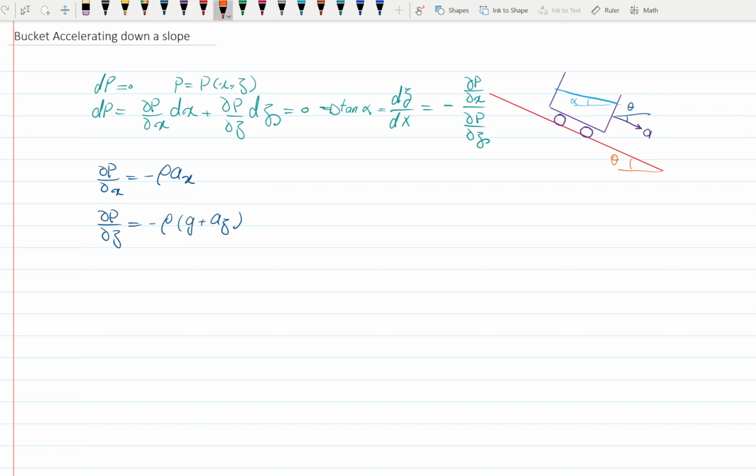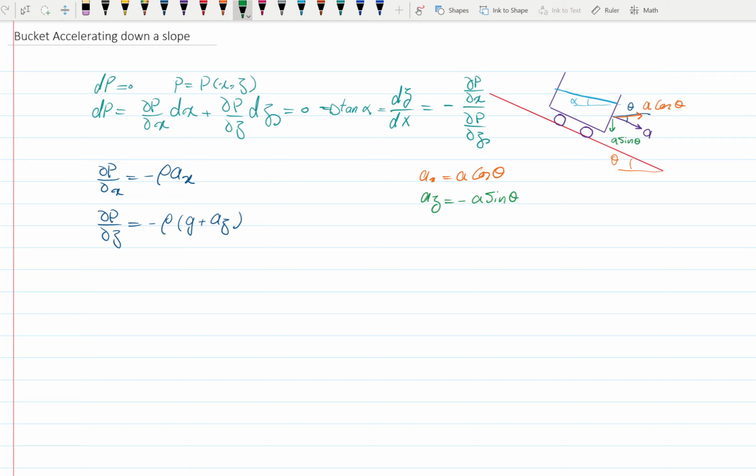So a has two components. The component in the x direction is a cosine theta, and there's a component in the z direction, I show it in green, and that's going to be a sine theta. Therefore ax is a cosine theta, and az is negative a sine theta.